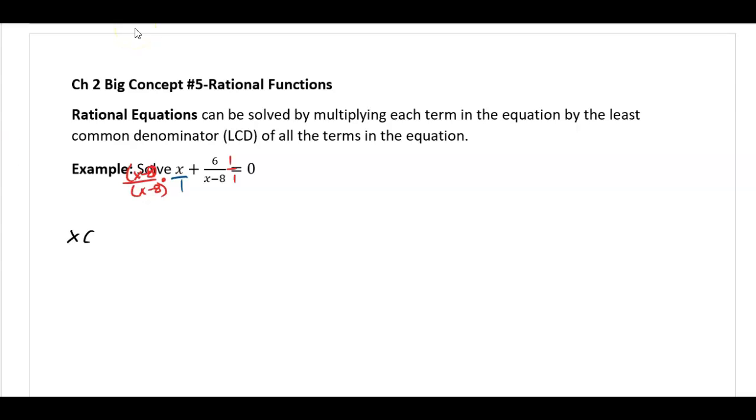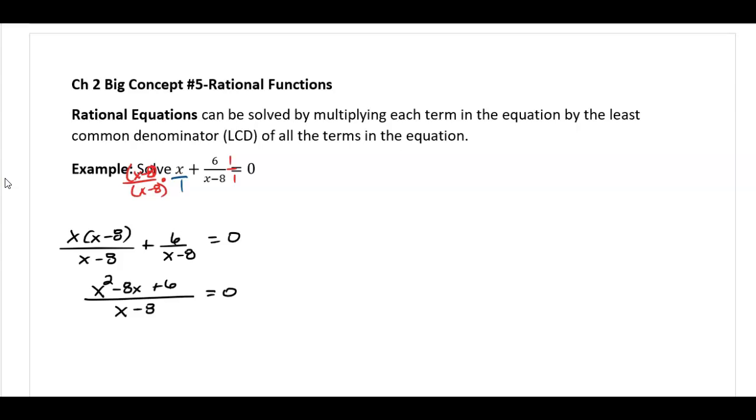So now we have x times x minus 8 over x minus 8 plus 6 over x minus 8 equals 0. Let's go ahead and put that all on one fraction. So I have x squared minus 8x plus 6 all over x minus 8 equals 0.